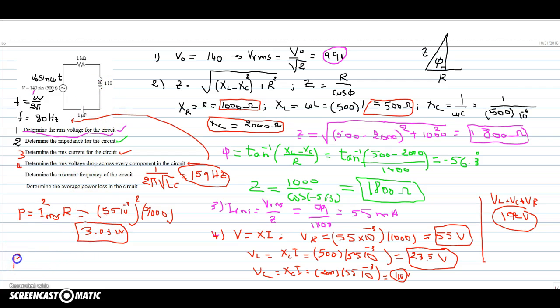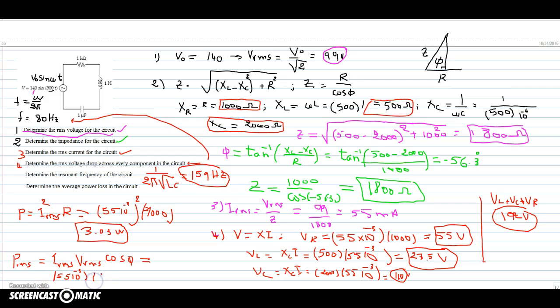The alternative is this: P RMS is I RMS times V RMS. We have calculated this quantity, and then cosine phi, the power factor, and you end up with the same quantity. So I can do this: 55 times 10 to the negative 3. Still have 2 minutes.